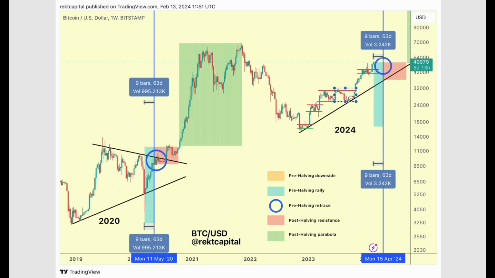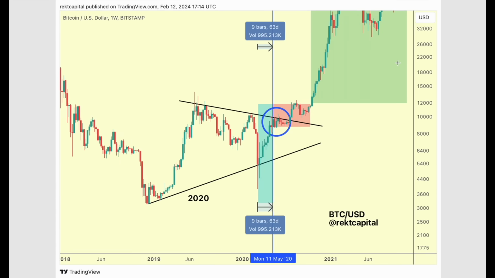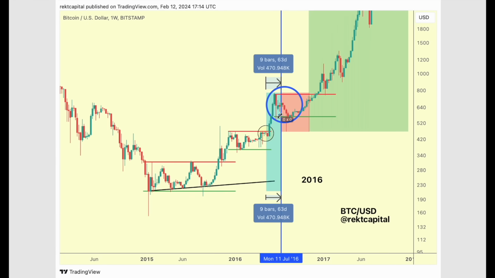So this was a 25% retrace, roughly speaking, here quite similarly so, and 18% most recently. So very difficult to talk about a 40% retrace, just like we saw in 2016. But even then, that was a downside wick, which we might not be seeing such downside wicks any longer.